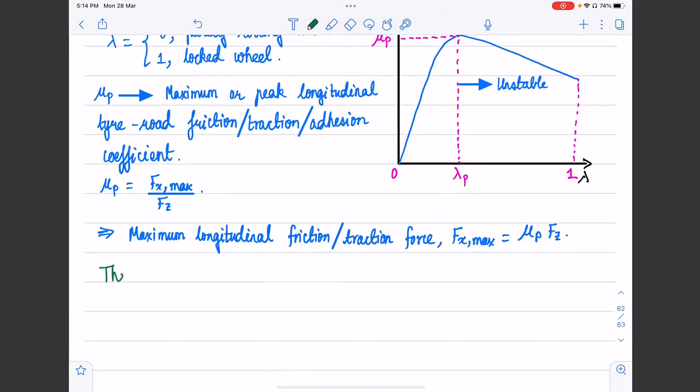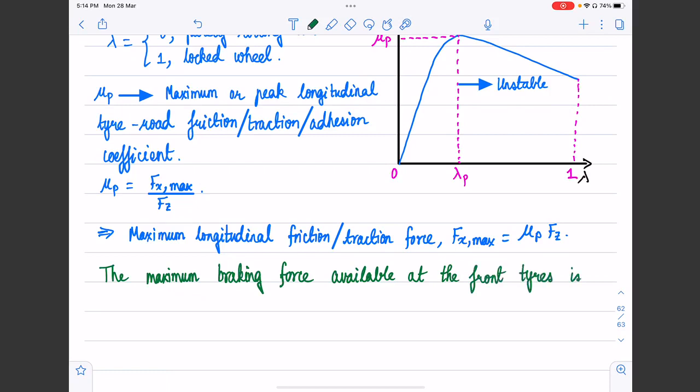So coming back to our braking analysis, since we have got expressions for WF and WR, the maximum braking force available from the vehicle's perspective at the front tire-road interface, so the front tires, is going to be equal to, let's call it FBF max.